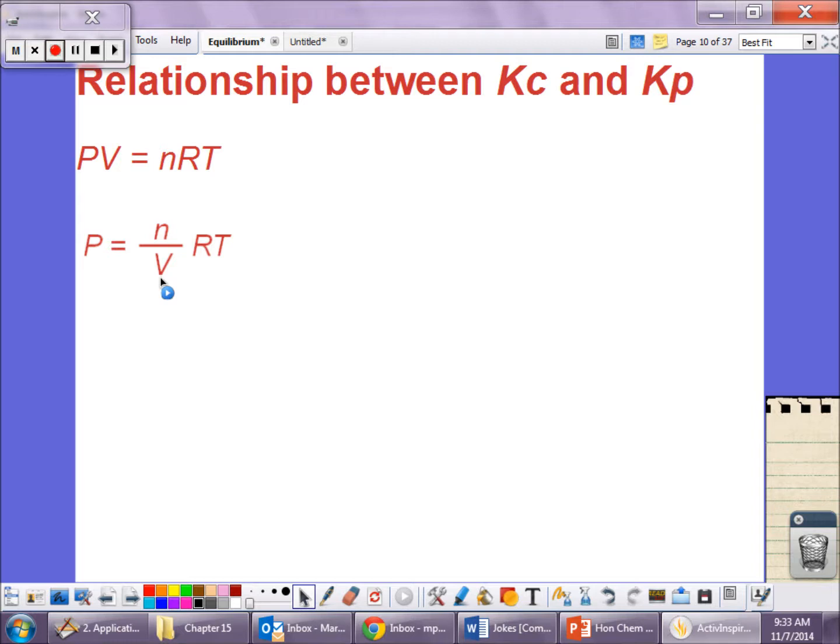Molarity is concentration, it is bracket. So I can write Kp equal Kc times RT to the delta n, where delta n is the change in the number of moles of gases in that balanced equation. It is the number of moles of gases from the product minus the number of moles of gases in the reactant.